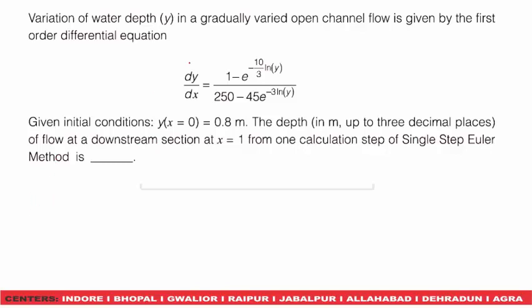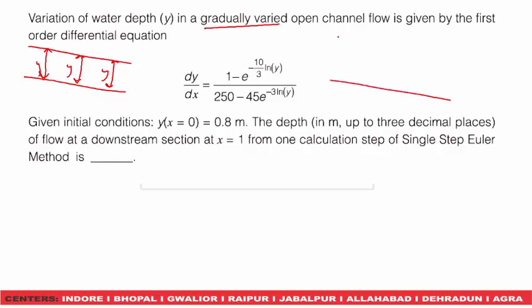Now since it is a gradually varied flow. If it is a uniform flow, then the depth of flow remains constant. Here depth, here and here, all values will be same, y, y and y. But in this question, it is a gradually varied flow. So depth will not remain same, it will be changing as we are moving downstream.